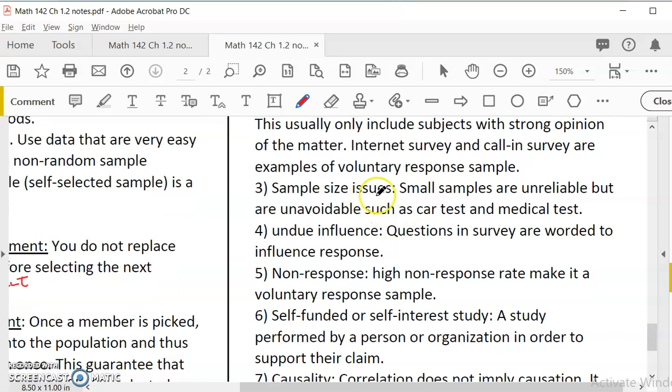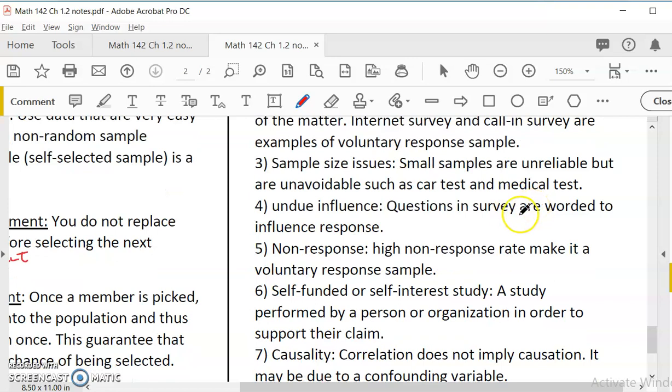Small samples are unreliable, but sometimes they're unavoidable because of cost and also because it is difficult to get people to be in the sample, such as car tests or medical tests. Not everyone wants to volunteer or participate in a medical test.